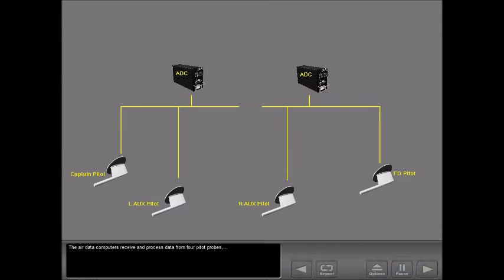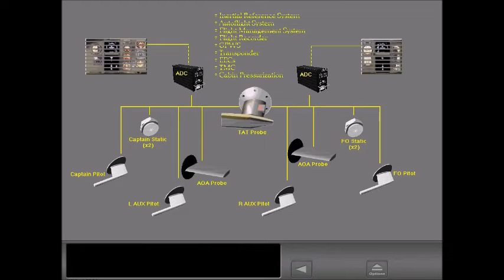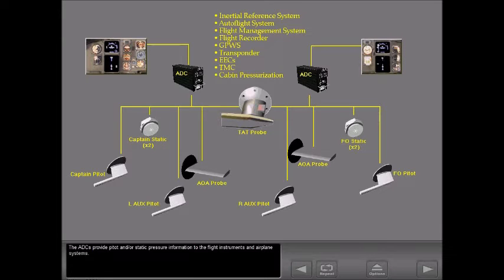The air data computers receive and process data from 4 pitot probes, 4 static ports, 2 per side, 2 AOA probes, and 1 TAT probe. The ADCs provide pitot and/or static pressure information to the flight instruments and airplane systems.